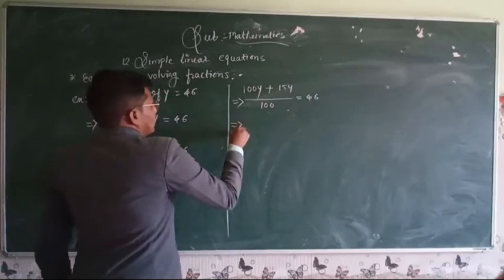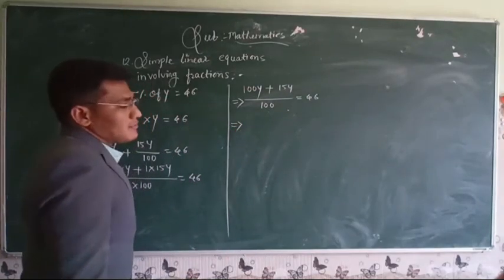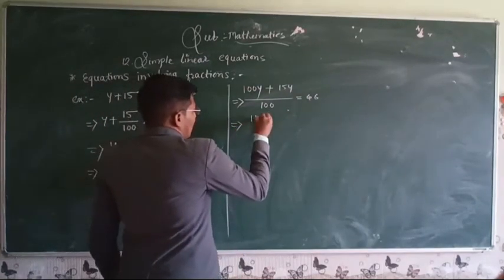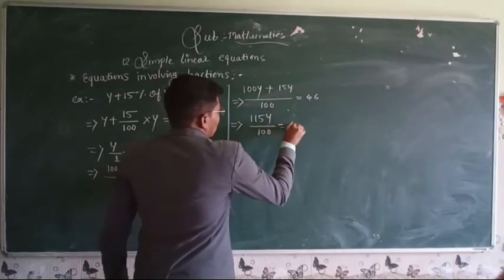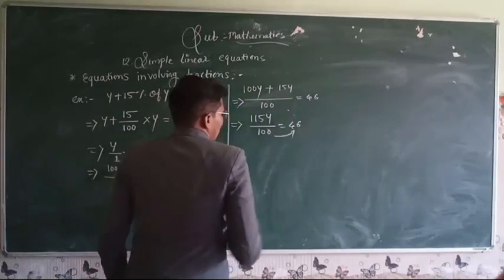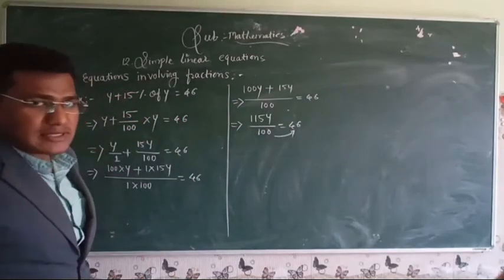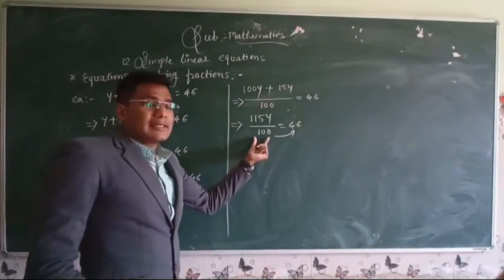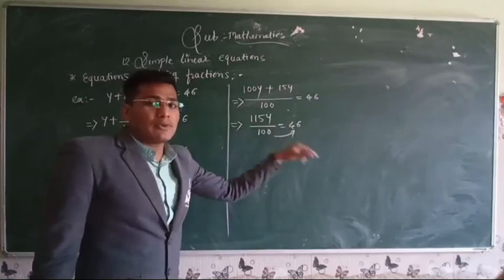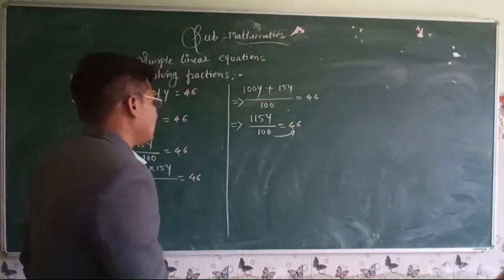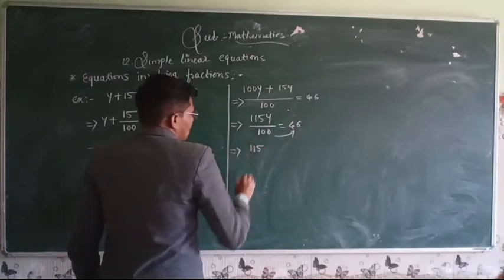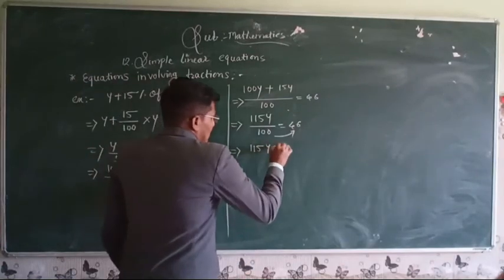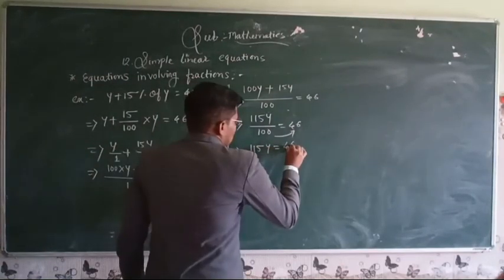After solving it, 100y plus 15y is 115y upon 100 is equal to 46. Now this 100 is in the denominator on the LHS, so whenever it goes to the RHS it will multiply with 46. That's why 115y is equal to 4600.